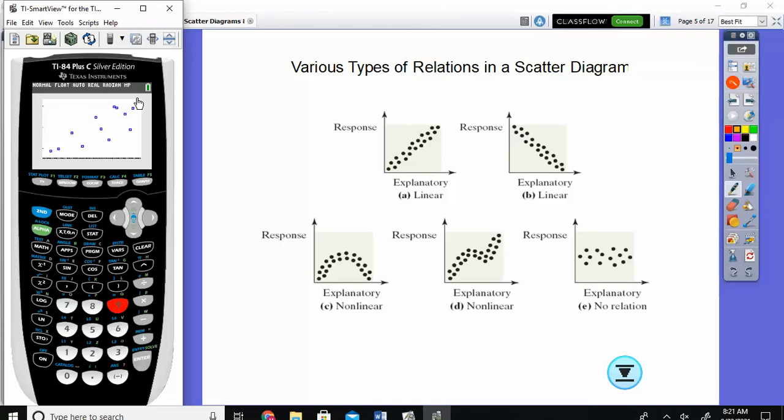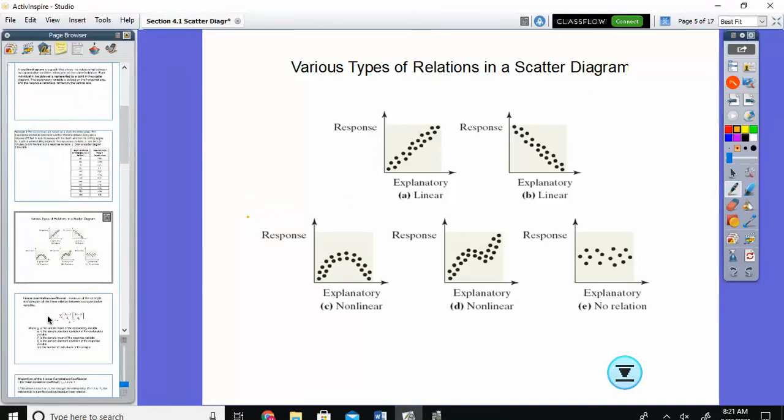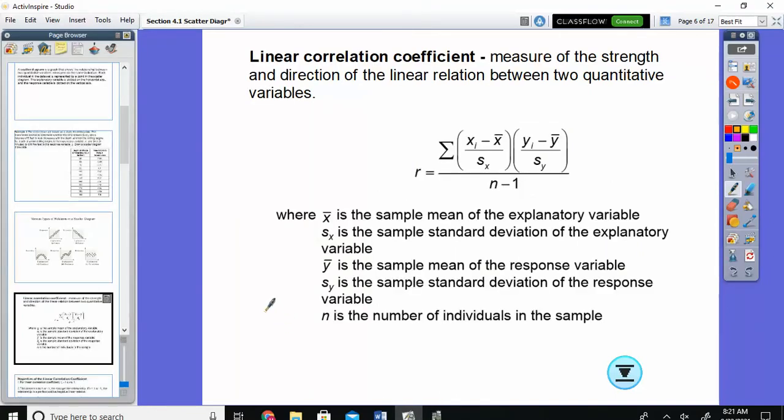So we need to be able to measure how good of a relationship this is, and we are going to look at what's called a linear correlation coefficient. That is called R. Do you guys have your formula sheets?